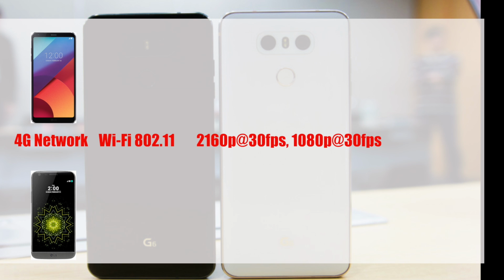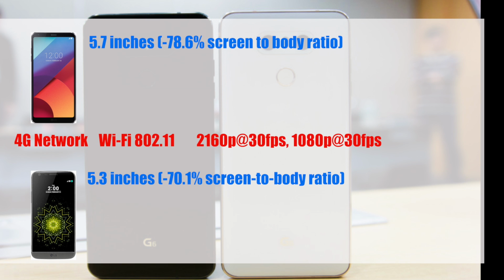However, both devices have different screens. The first one, the LG G6, has 5.7 inches with a 78.6% screen-to-body ratio, while the LG G5 is only 5.3 inches with a 70.1% screen-to-body ratio.